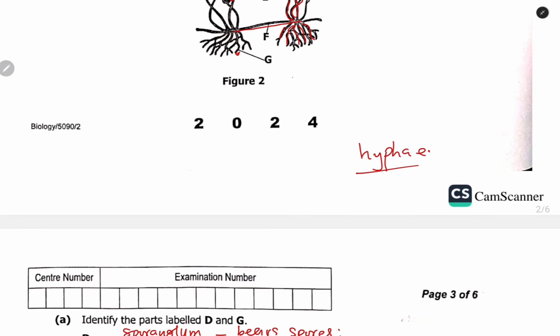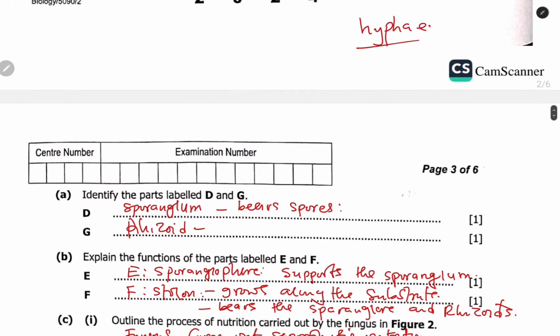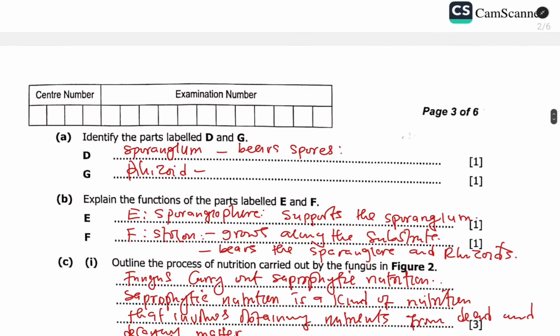The enzyme digests the substrate externally, and of course the nutrients are absorbed internally and later assimilated, okay.